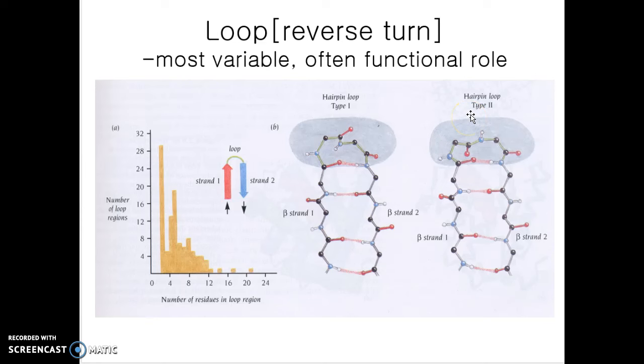But loops are really very varied in their structures, meaning there are so many different types found in actual proteins. Often they are very functional loop regions.